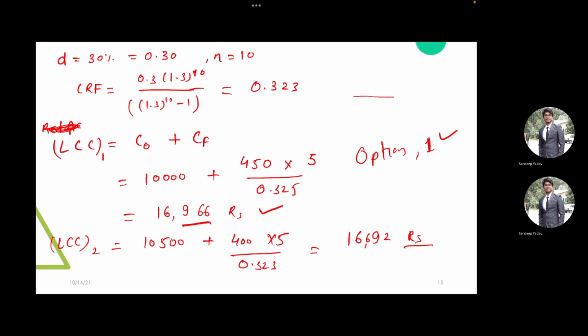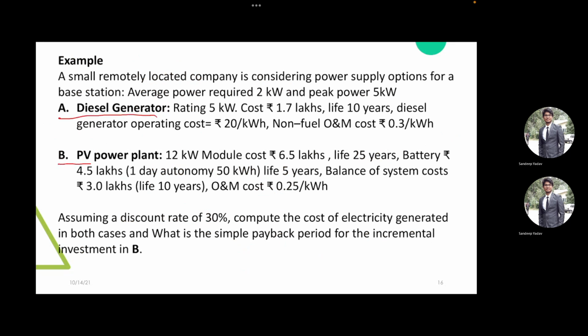Suppose the company is located in some remote area and it needs some power supply, and its annual power required on an average basis is 2 kilowatt, while if that demand is higher, the peak power is 5 kilowatt. So they have two options for consideration. One is the diesel generator, and second is the PV power plant, that is a photovoltaic power plant. So we have to choose which option will be more viable for them.